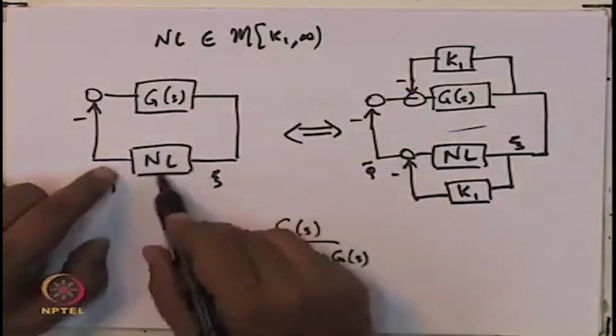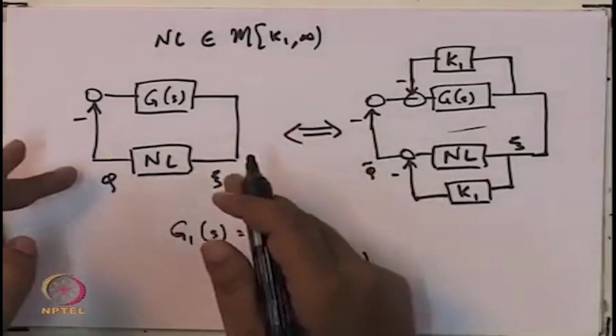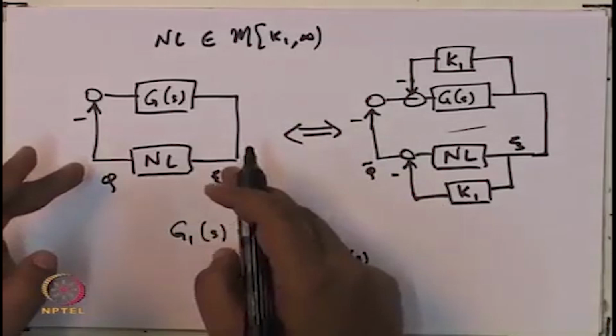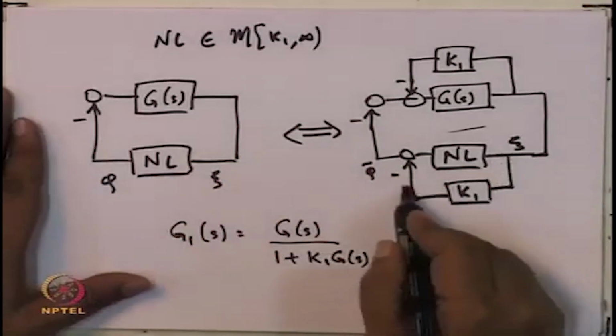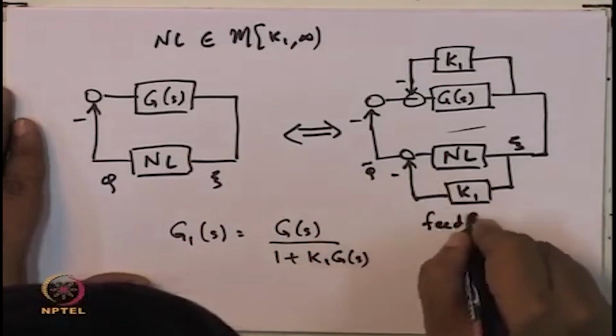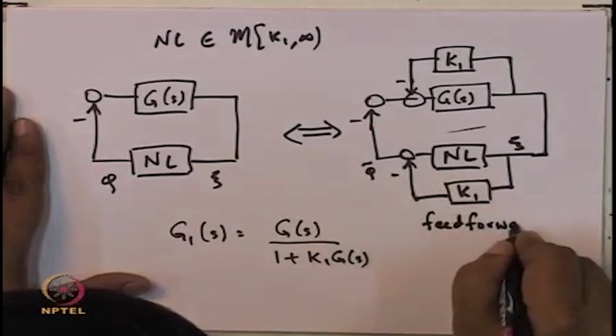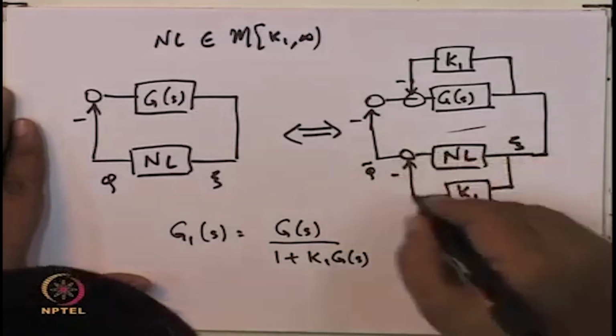Now, you can convert this nonlinearity into something passive, that means, you can convert it into something in the 0 infinity sector by doing this feed forward. You have forwarded the input to the output by this loop.